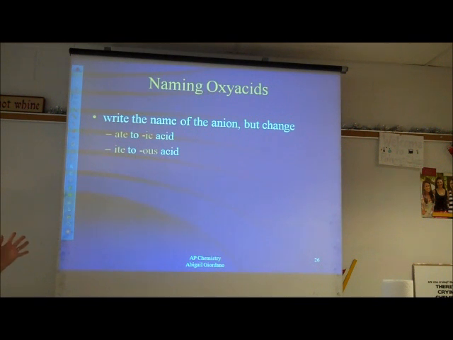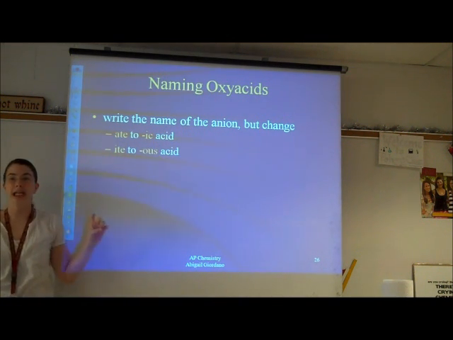It begins with hydrogen, and you see that oxygen is in the formula as well. Then you say, okay, that's an oxyacid. And you need to ask yourself, what is the name of that polyatomic ion it is joined to? If the name of that polyatomic ion ends in -ate, like nitrate, it becomes nitric acid.